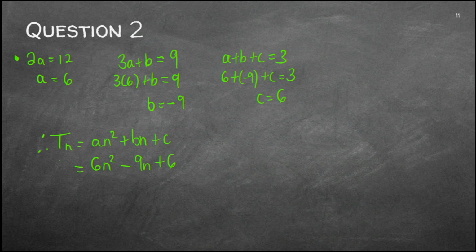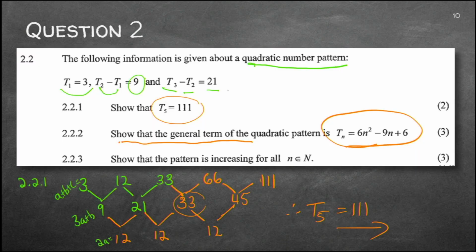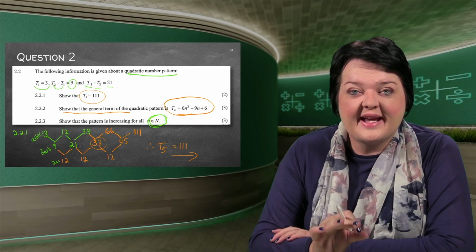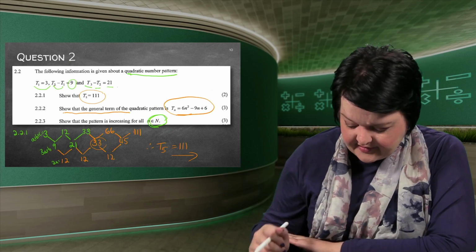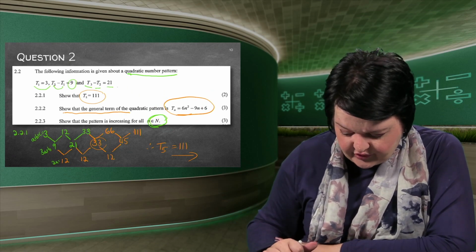Right, let's look at the last question now. Show that the pattern is increasing for all values of n which are natural numbers, meaning starting from 1 and upwards, because remember, number patterns always start at the number 1. So that's always your first term.